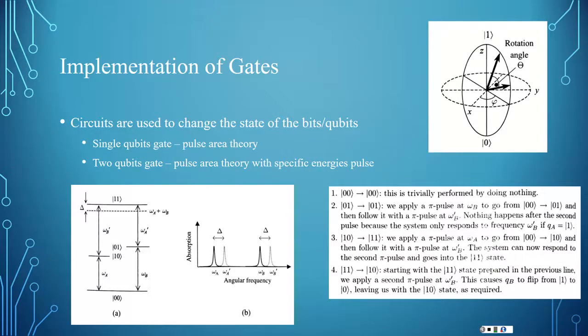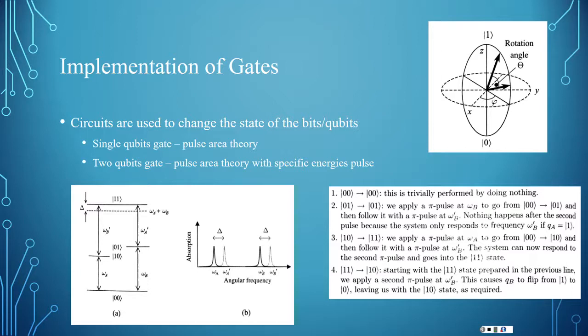But if we do a pulse at omega B, then we go from 0 to 1. So at this energy, it only affects the second stage. We go from 0, we do a pulse, and then we go up.